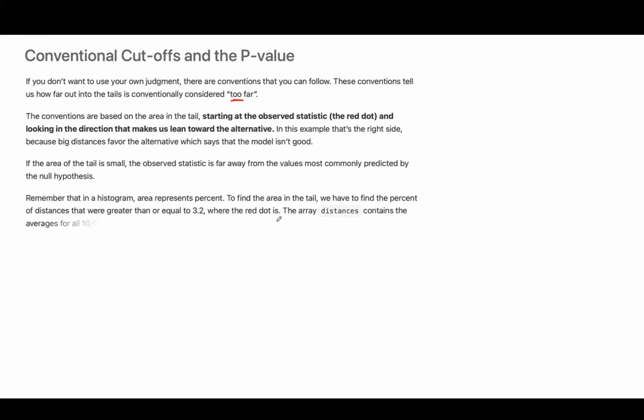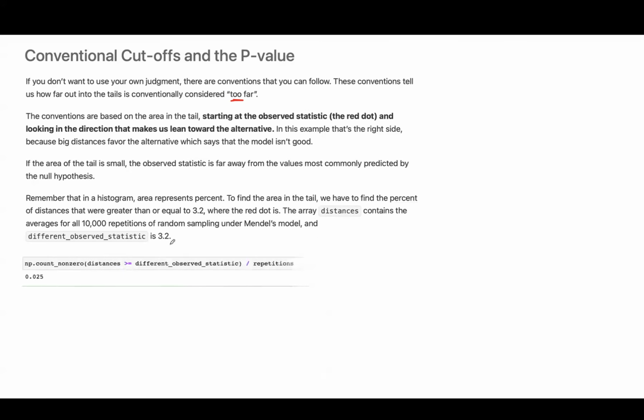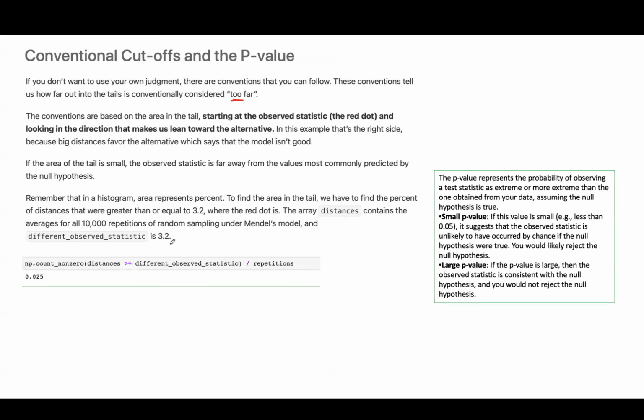The array distances contains the distances for all 10,000 repetitions of random sampling under Mendel's model, and observed_statistic is 3.2. Now, if you run this line of code, you get about 3%.